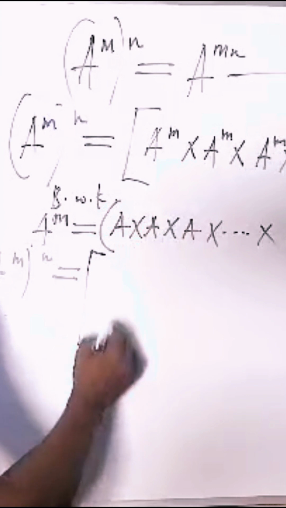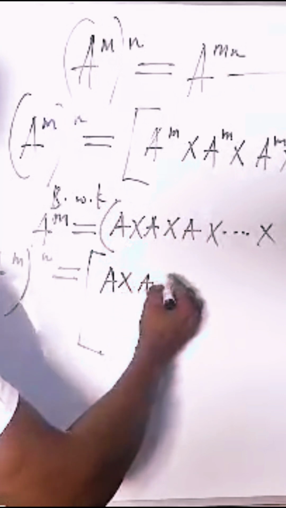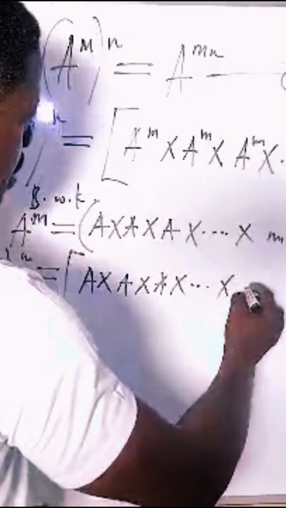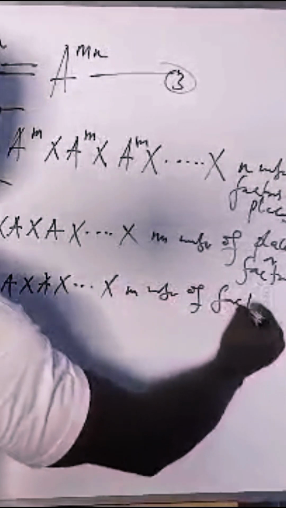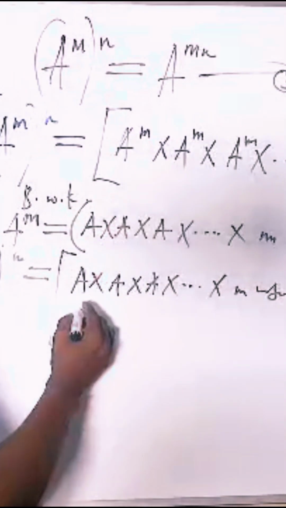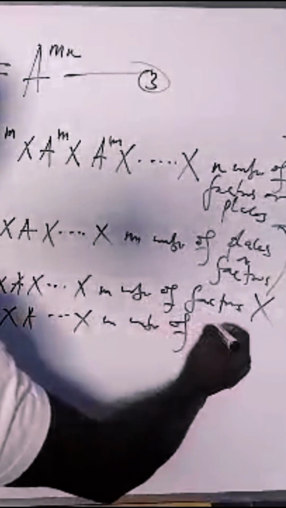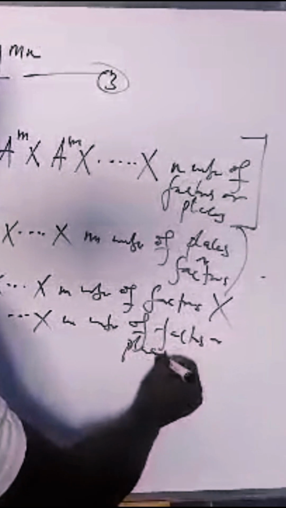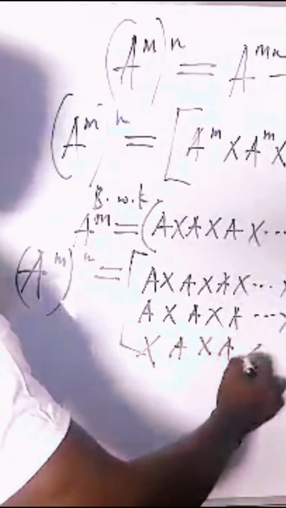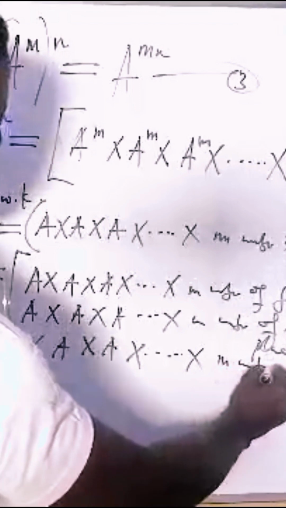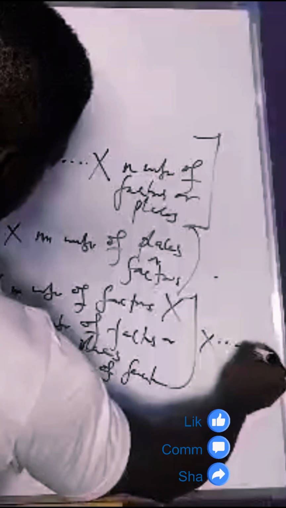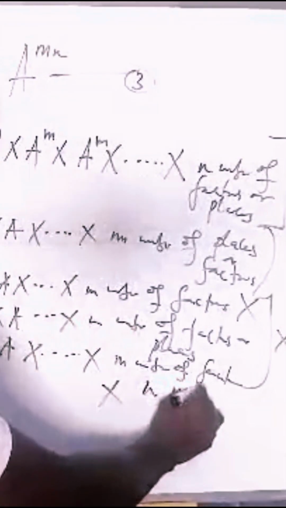So we have something of this nature: a times a times a and so on, times m number of factors, times a times a times a and so on, times m number of factors, and so on, times the n number of factors, which is the exponent of a raised to the power n.